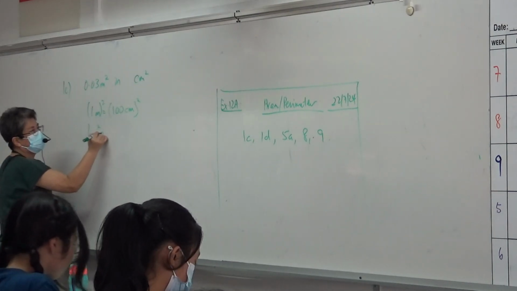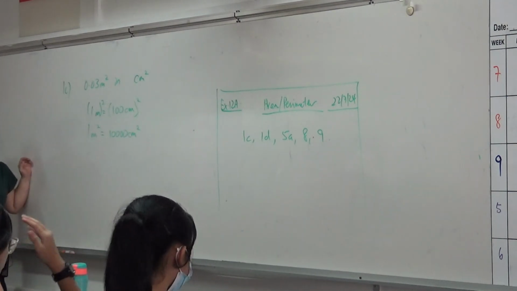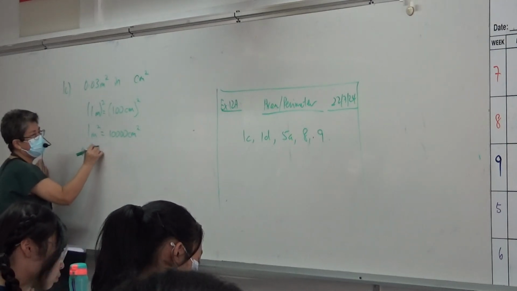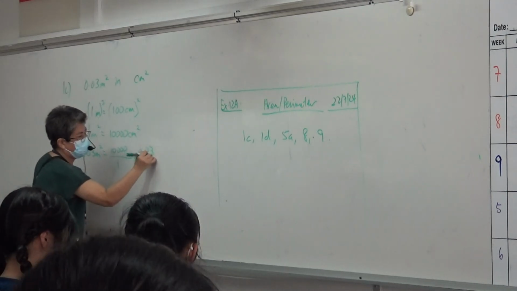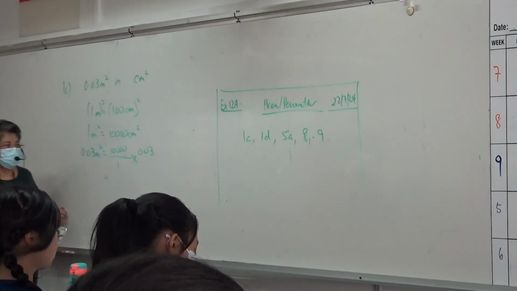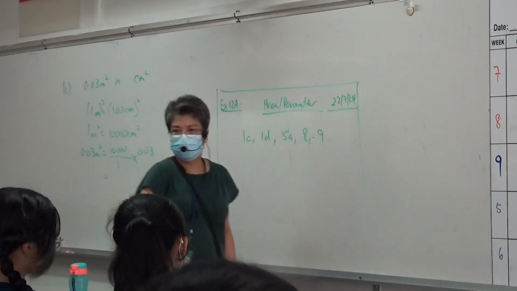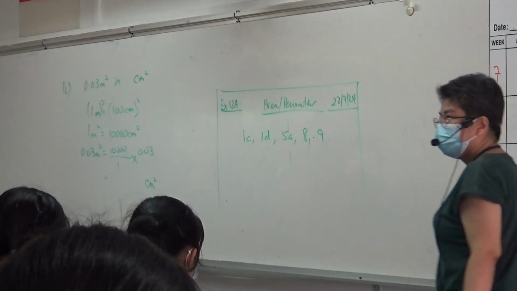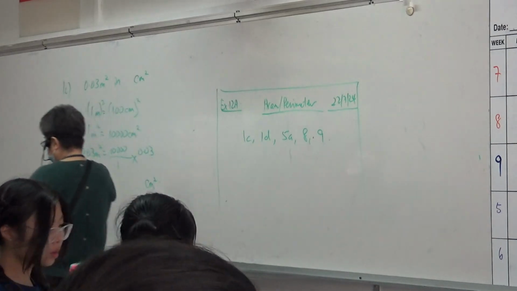So 1 meter square is 10,000 cm square. So 0.03 meter square will be, so you can get the answer as how many cm square. Understand? Can, right? Okay. This one actually I'll show you the last lesson.